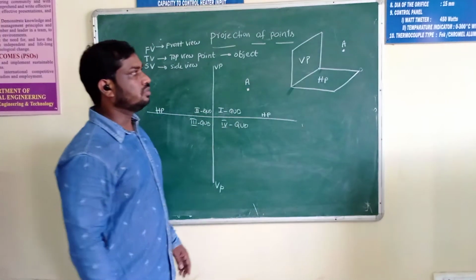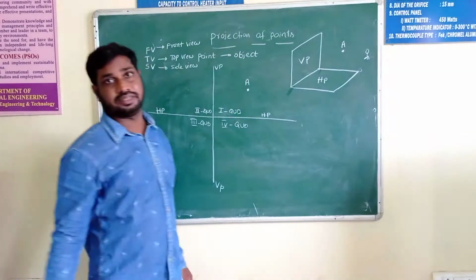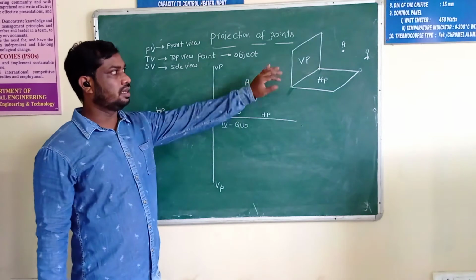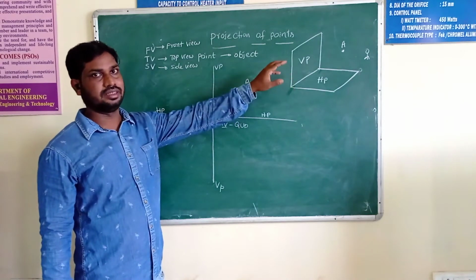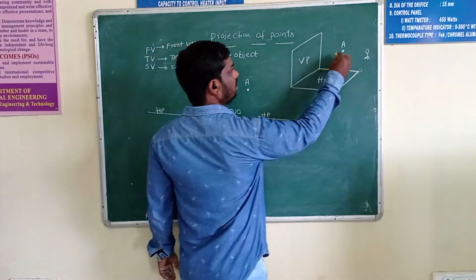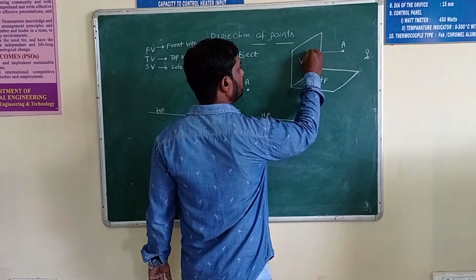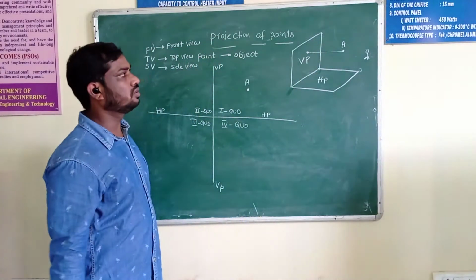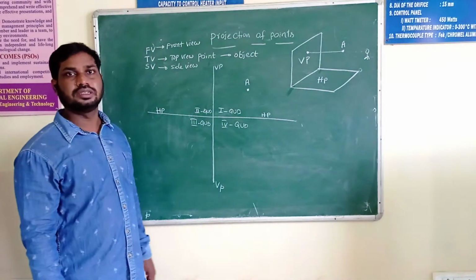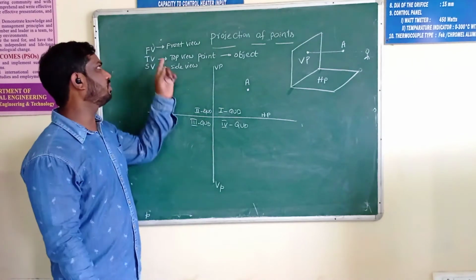If you see the object from the front side, as an observer, what is the projection? It is projecting onto the vertical plane. You know about the front view.